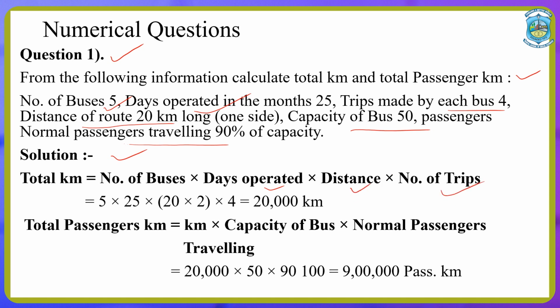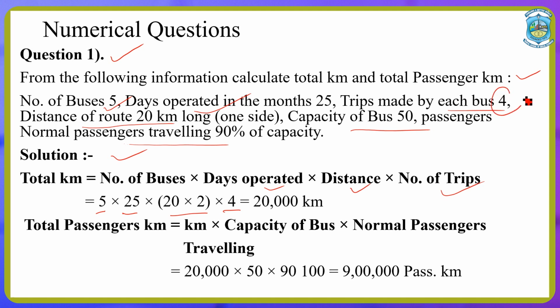We have the data. Number of buses is 5, days operated in a month is 25, multiplied by the distance, which is 20 kilometers one way, and it will return, so multiplied by 2, multiplied by 4, the trips made by each bus.